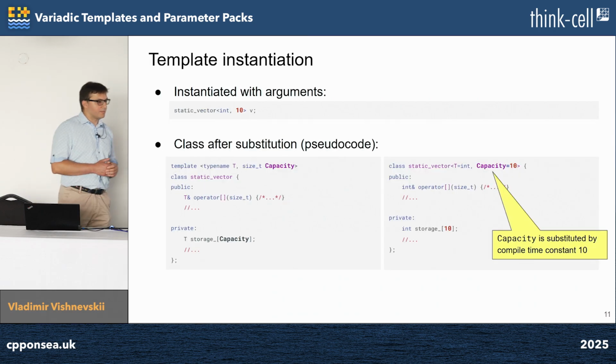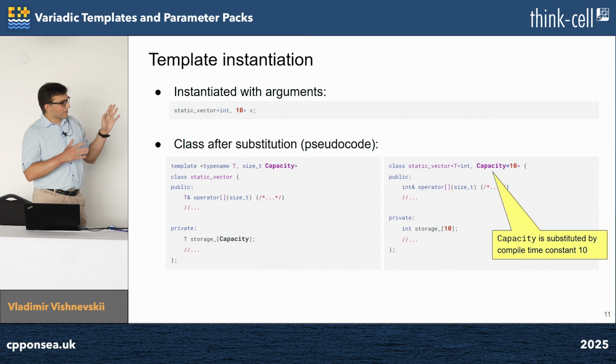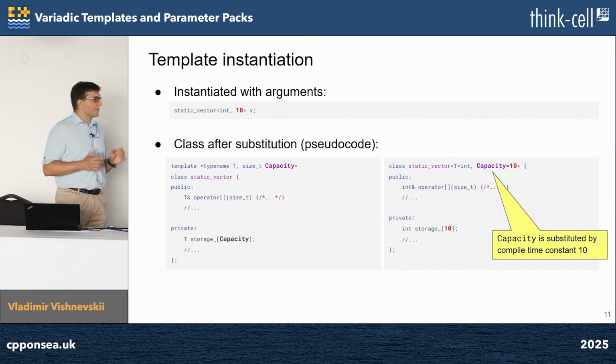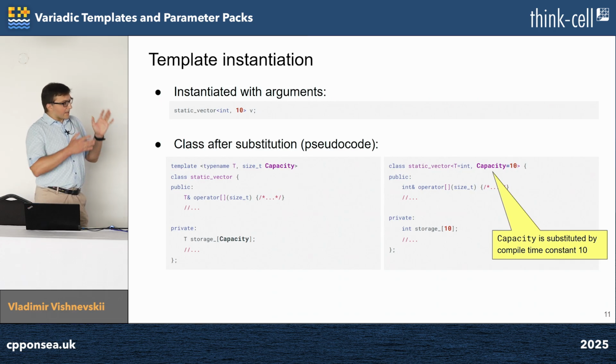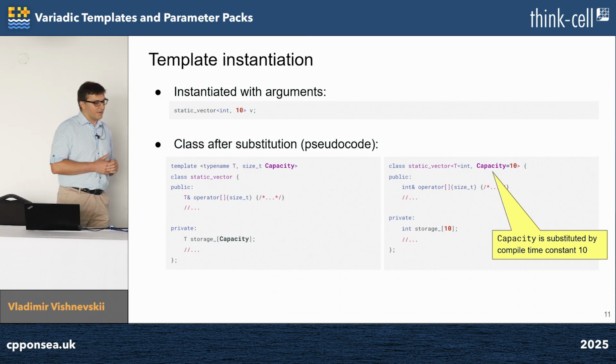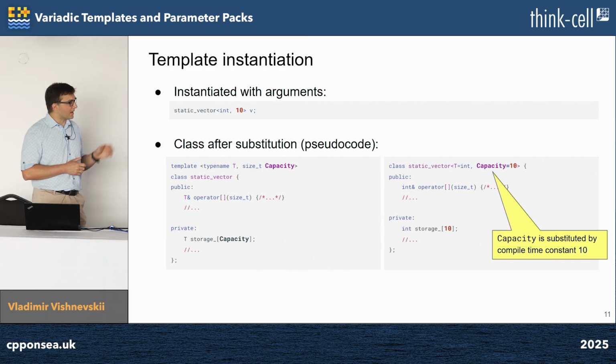This was, of course, available before C++11, and it was possible to have multiple template parameters for a class template or a function template. There is much more information available about templates, and it's a much more complex topic, but I think this is sufficient as an intro for our topic.